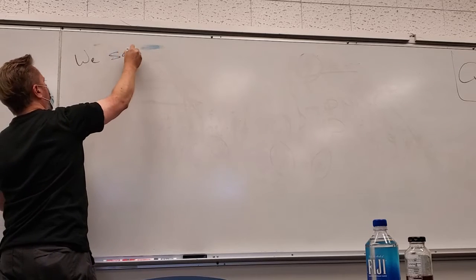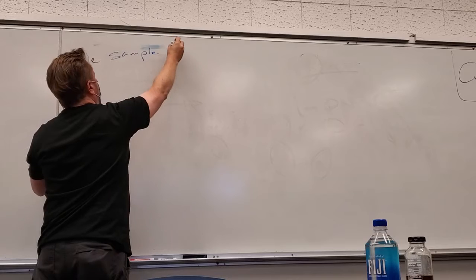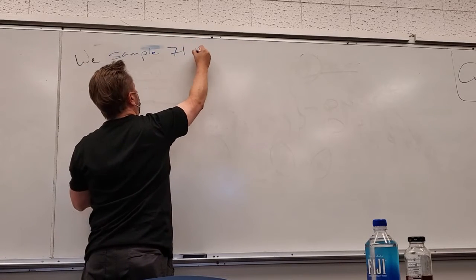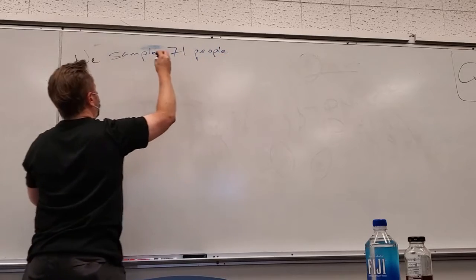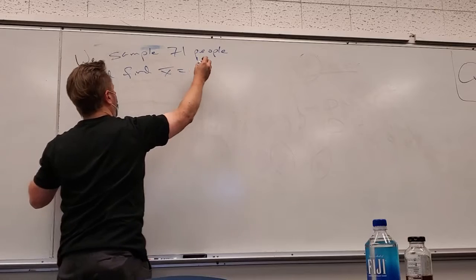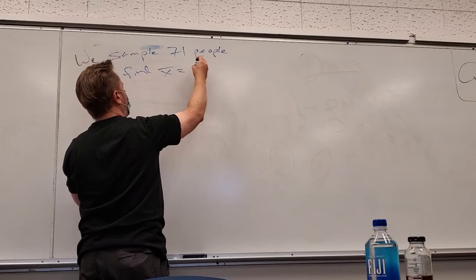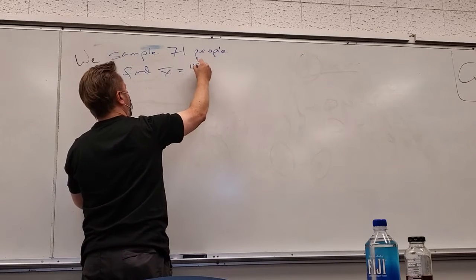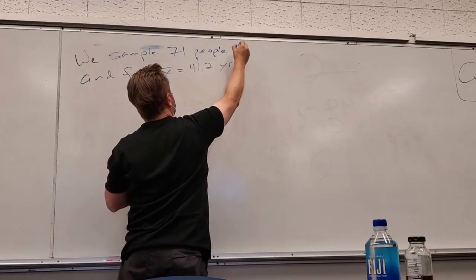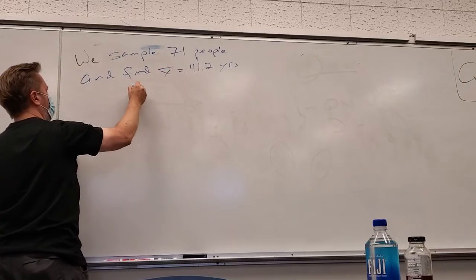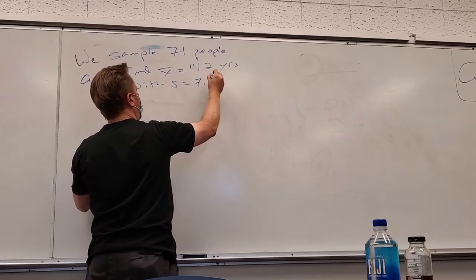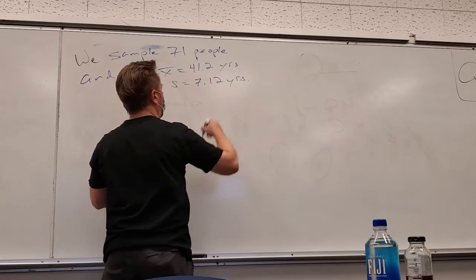We sample 71 people and find X bar equal to, you can do it, Jeff. 41.2, let's make it their ages. Years with standard deviation of 7.12 years. Okay.